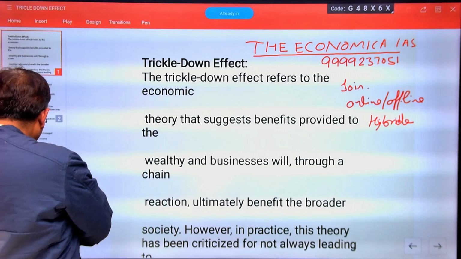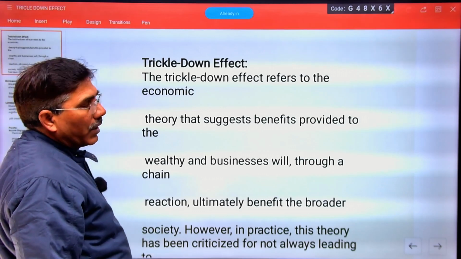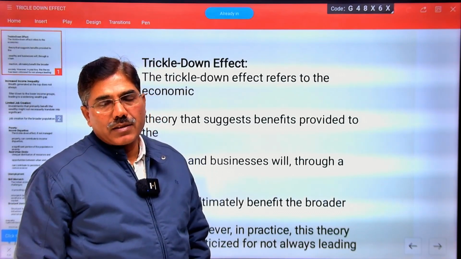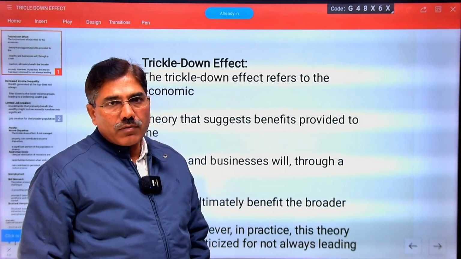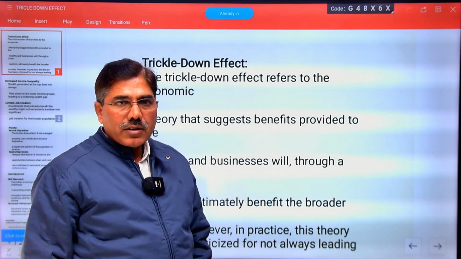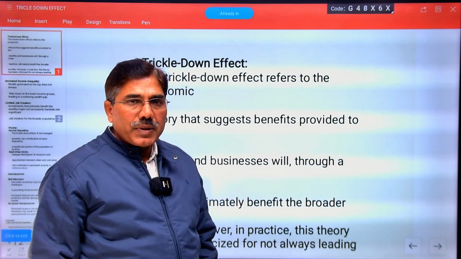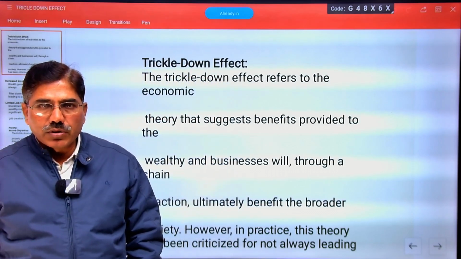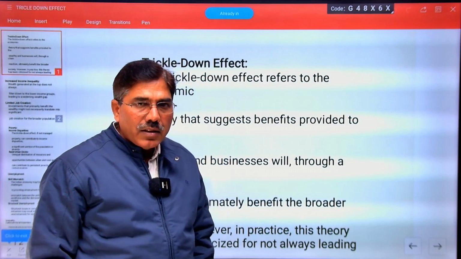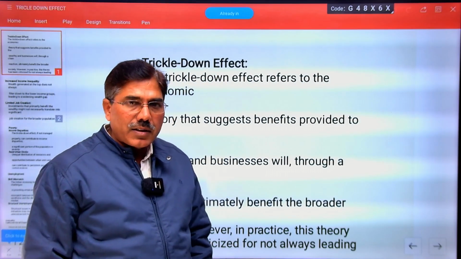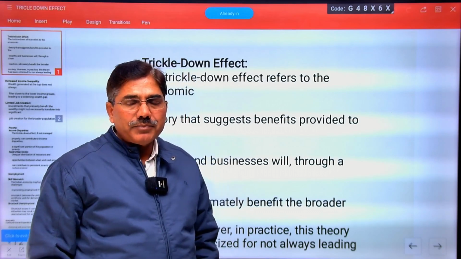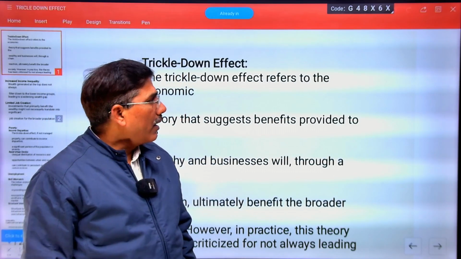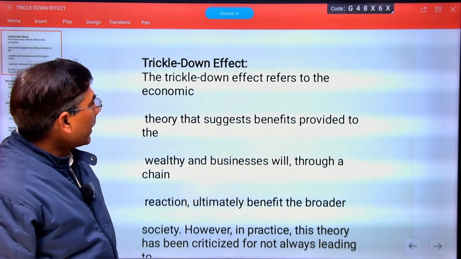Later on, I will discuss why this trickle down effect theory, which was the development strategy of the government since 1947 onward, was changed during the 11th plan by opting for a new strategy of development, that is faster and more inclusive development, since the 11th five year plan, that is 2007 onward. Till today, we are opting for the inclusive development strategy.